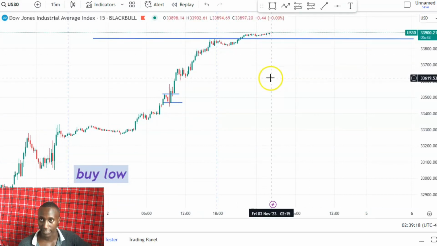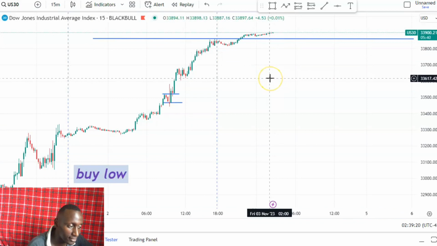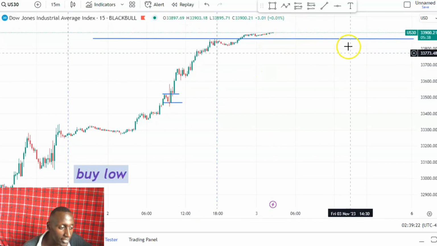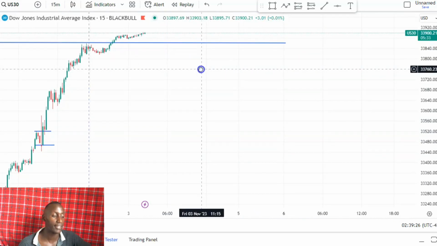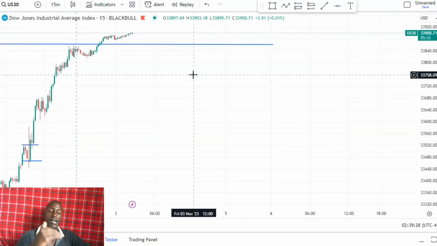Today being Friday, if price closes back inside of the range as a failed breakout, then that means the thesis has changed, and I would be looking for an opportunity to sell on Monday and Tuesday possibly.